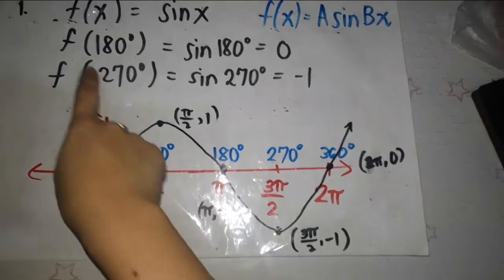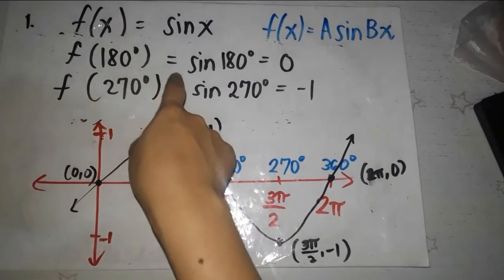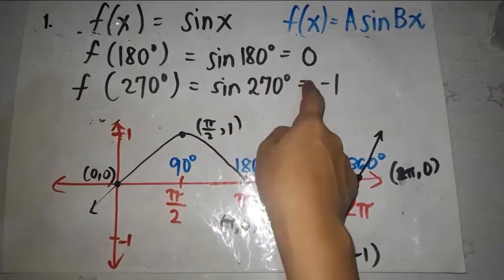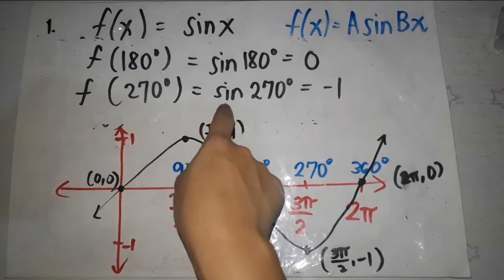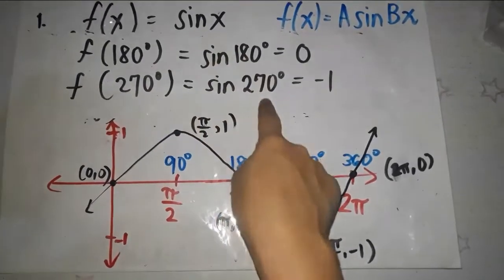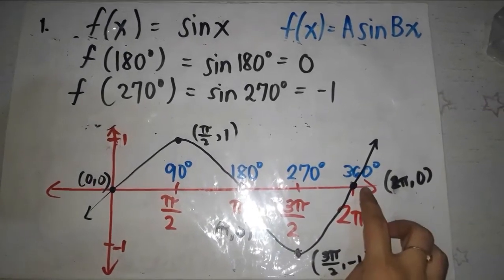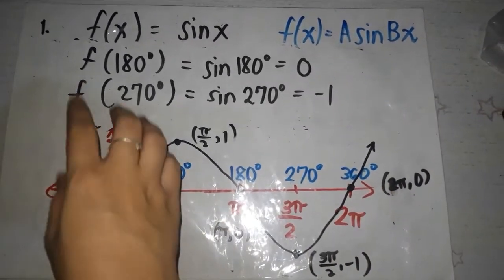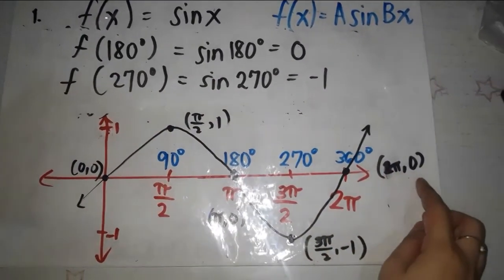Of course, we have f of 180 degrees equals sine of 180 degrees, which is 0. And then f of 270 degrees equals sine of 270 degrees equals -1. Alright, so for 360 degrees, you just do the same. f of 360 degrees equals sine of 360 degrees, which is 0.